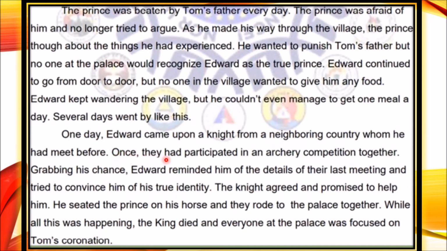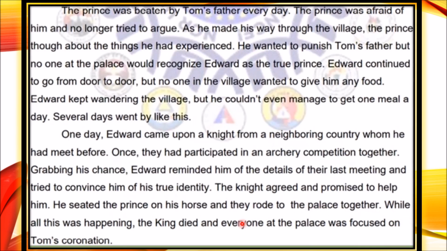Once they had participated in an archery competition together. Grabbing his chance, Edward reminded him of the details of their last meeting and tried to convince him of his true identity. The knight agreed and promised to help him. He seated the prince on his horse, and they rode to the palace together.